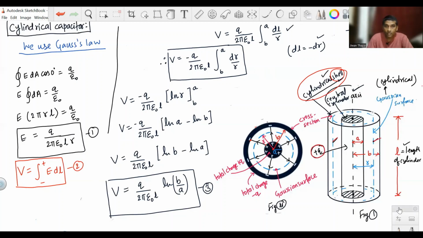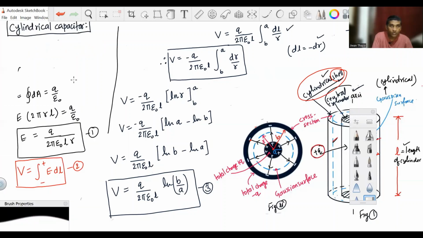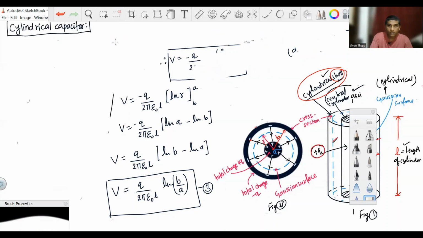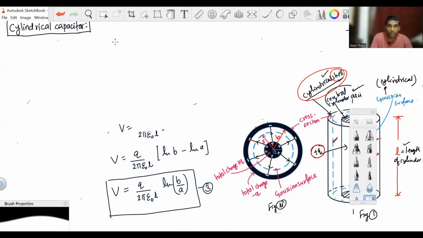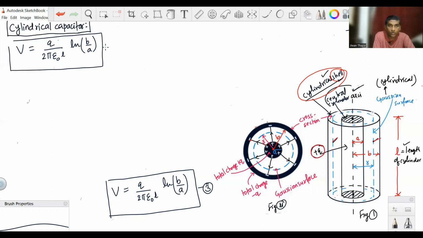Now, so I'm writing equation 3 here. V equals Q by 2 pi epsilon 0 L, and we have natural log, ln B by A. So let's call it equation 3.